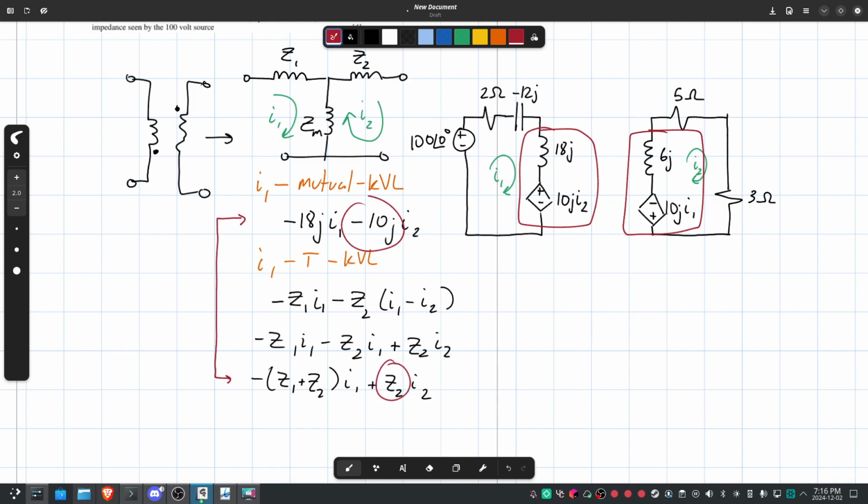Sorry, I just realized I've been using the wrong value. This is supposed to be M. None of you corrected me. I'm sad now. If I look here, this is negative 10J I2. This is plus ZM I2. So what is ZM? It's going to be negative 10J.